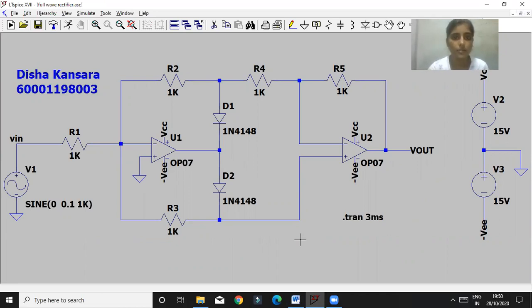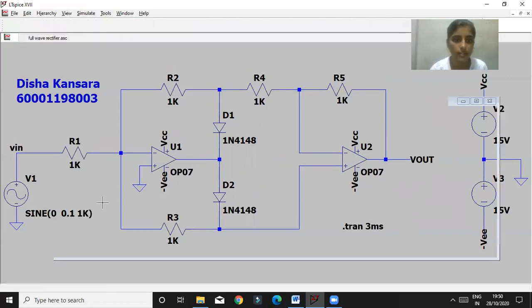I used precision diodes, the 1N4148, and I gave an AC sine source with 0.1 volt and a frequency of 1K. I used two op-amps here, and I gave the voltage source VCC and VEE of plus and minus 15 volts. So let's check the output for this.